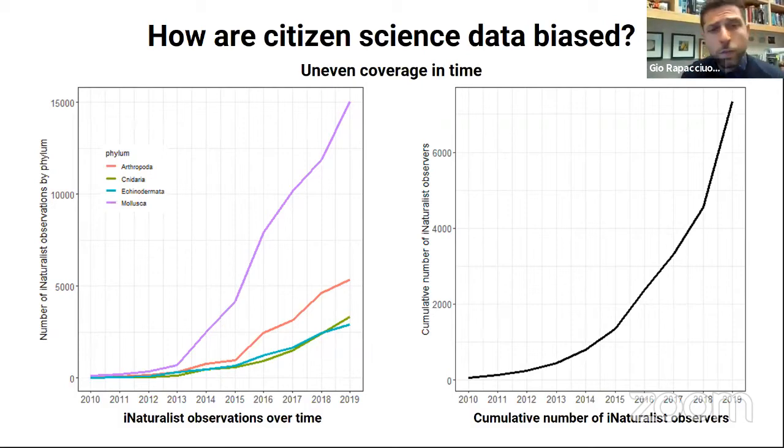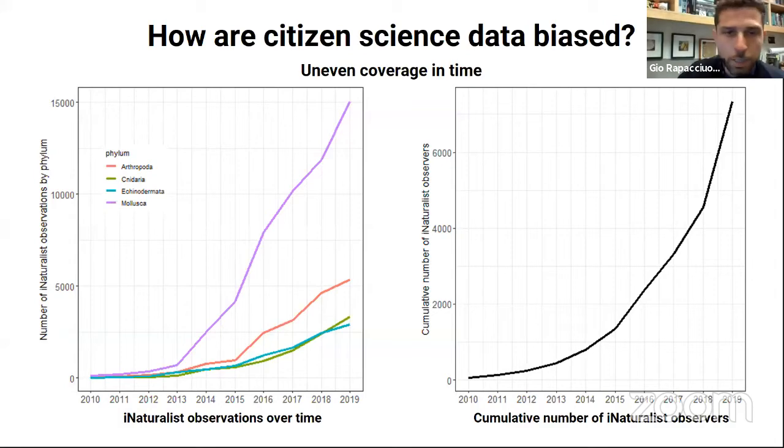And the first one is that there's an uneven coverage in time in terms of how many observations are taken and therefore how many species are documented in space and time. And that's because more and more people are using iNaturalist. More and more people are taking part in Snapshot CalCoast, and that's amazing. But what that means is that the curve here on the right shows the cumulative number of iNaturalist observers over the last decade.